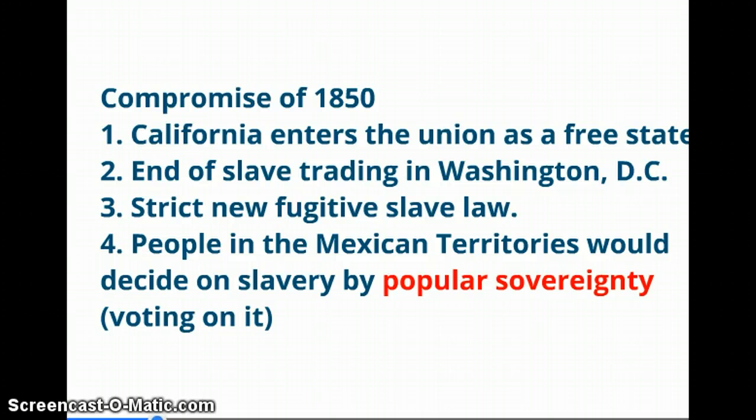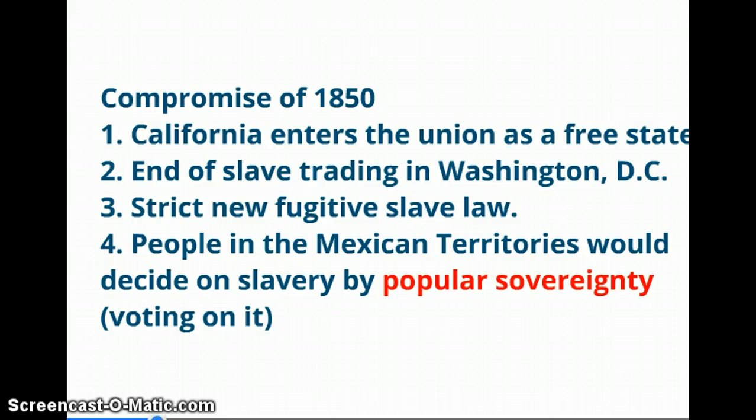Item number 4, people in the Mexican territories would decide on slavery by popular sovereignty, or voting on it. What had happened after we acquired the American Southwest, specifically the Utah Territory and the New Mexico Territory, from Mexico in the Mexican War, Congress was now left with the decision as to whether or not to allow slavery in those territories.